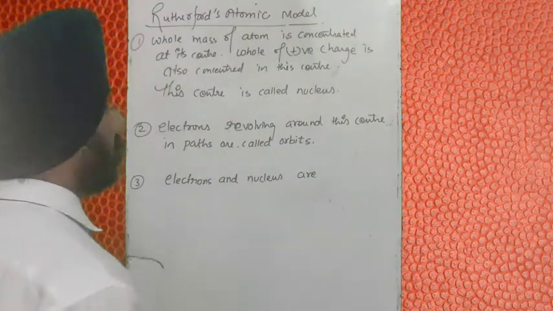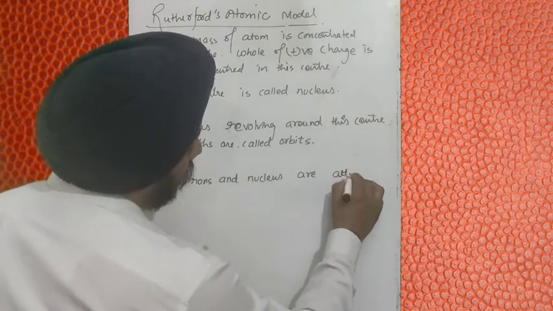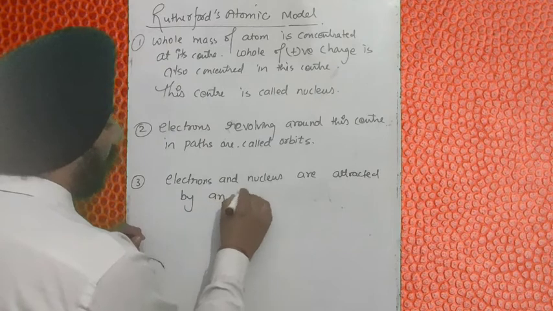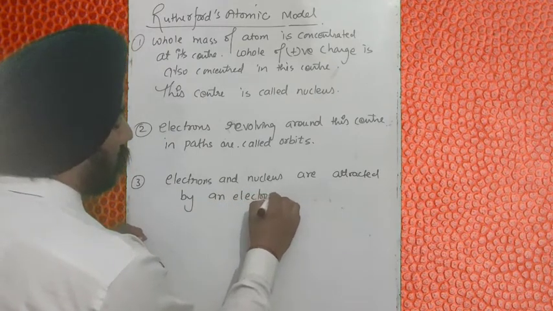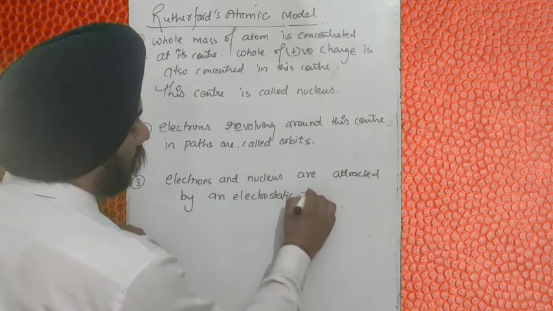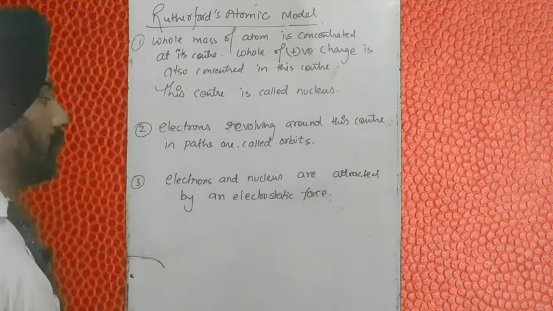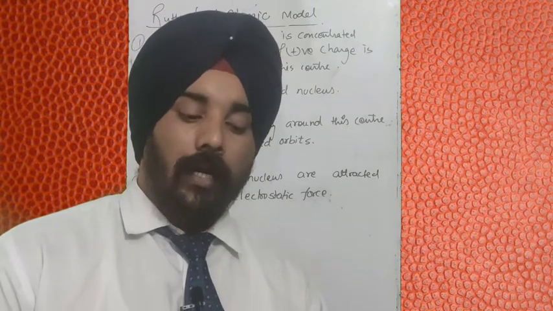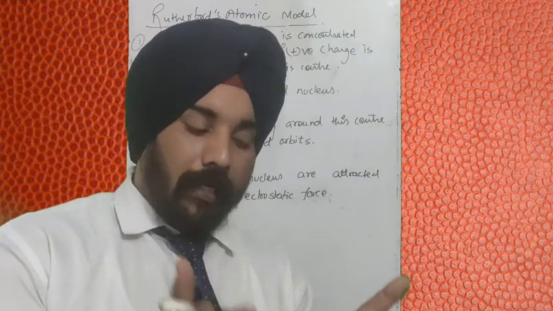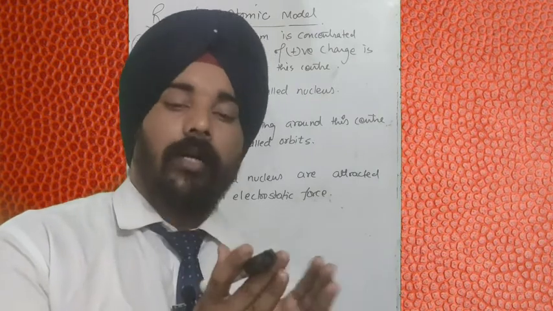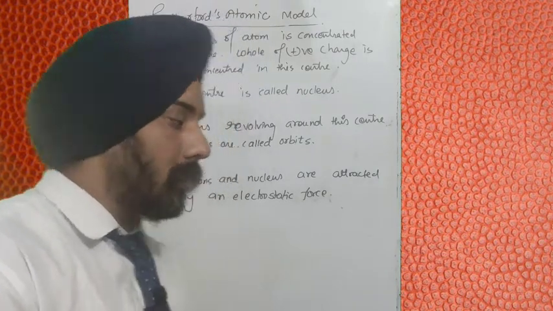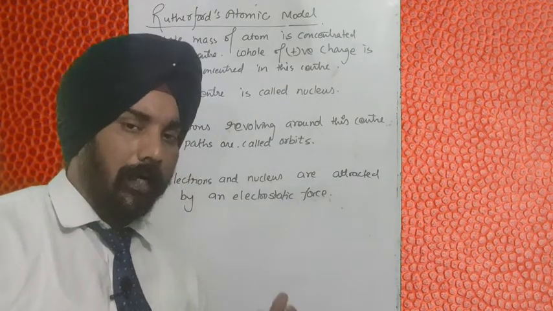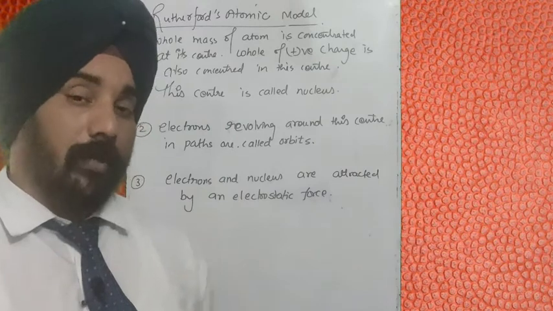Electrons and nucleus are attracted by an electrostatic force. That means a Coulombian force, electrostatic force is also called the Coulombian force. It acts at very small distances also, around 10 to the power minus 15 meter. It can hold good.